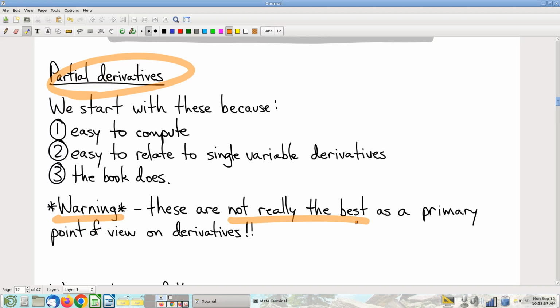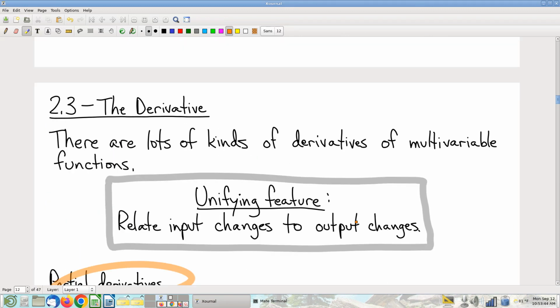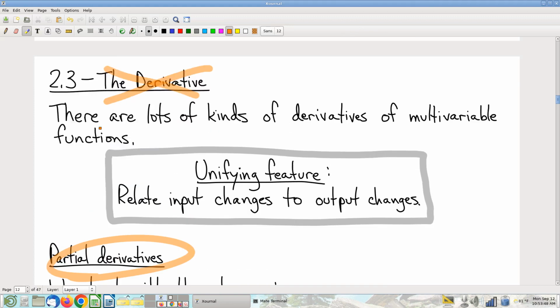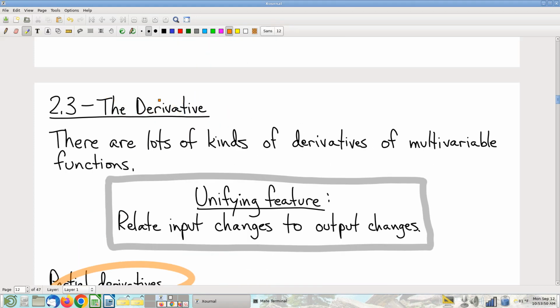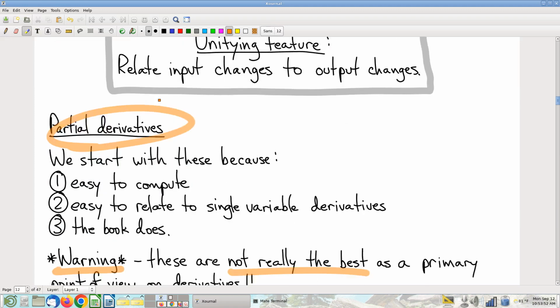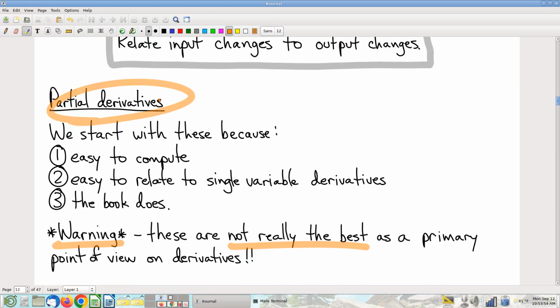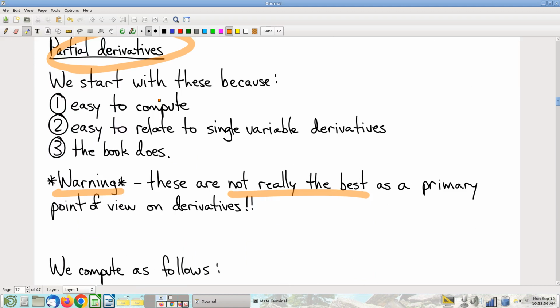I'll say that. But ultimately, is this what the derivative is? No. This is not what the book is referring to when they say the derivative. There is a much better, a much more natural, ultimately. It's not as relatable, and it's not as convenient to work with, but it is ultimately better as a perspective of what truly is a derivative. So that's just a warning.